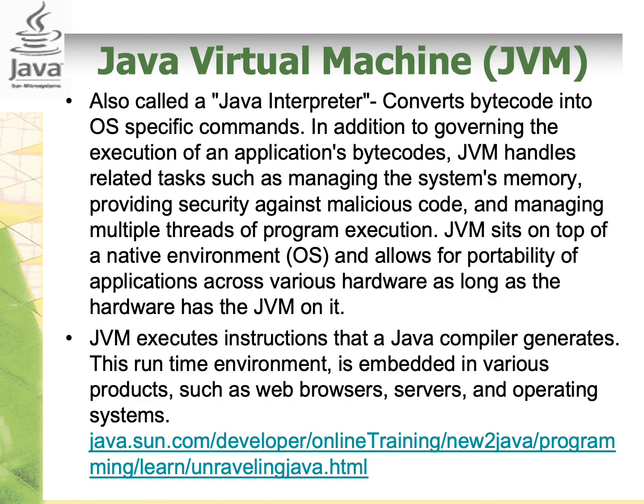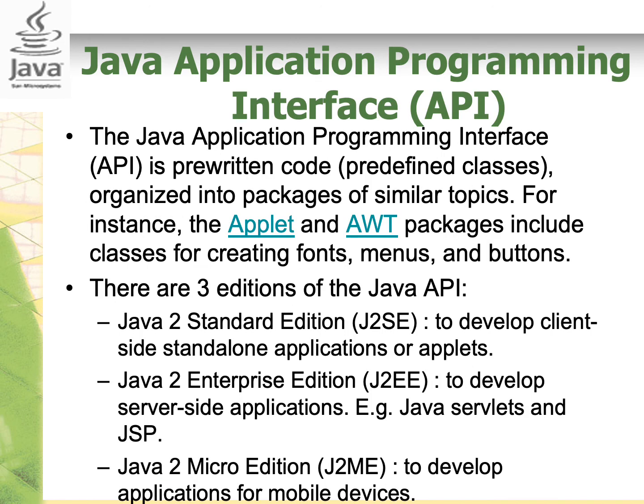More explanation on the JVM. The JVM converts the bytecode into machine language and then executes it. So we will get the output that we have written in our code. Java API, which stands for Java Application Programming Interface, is the pre-written code or predefined classes. These classes are organized into packages of similar topics.